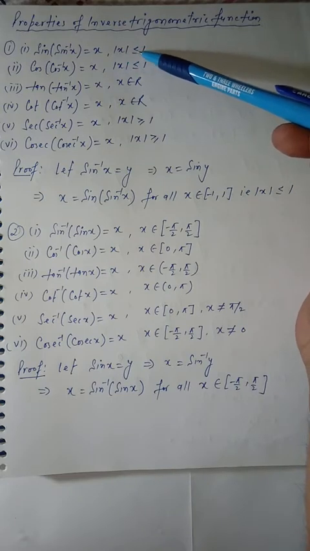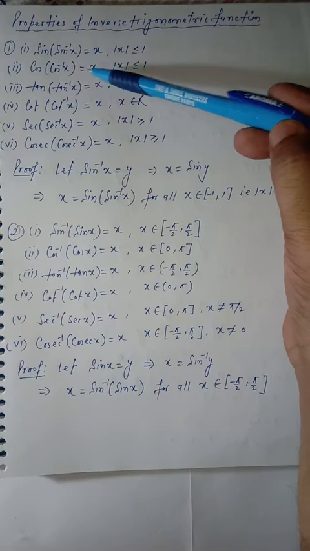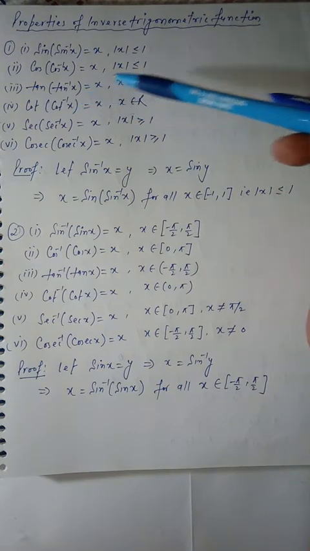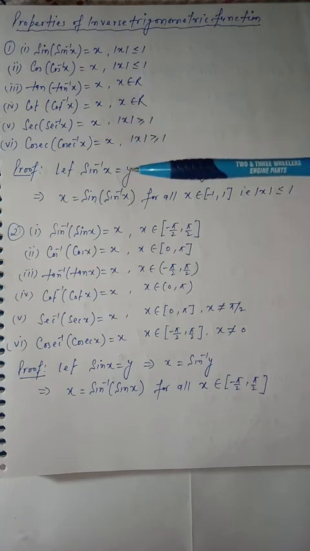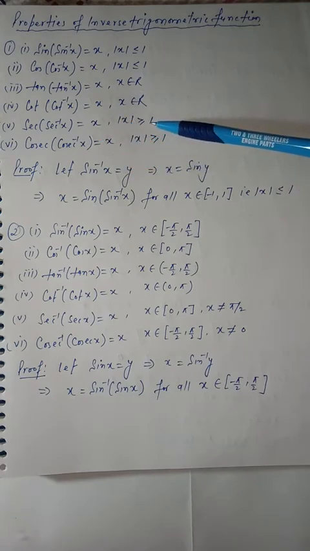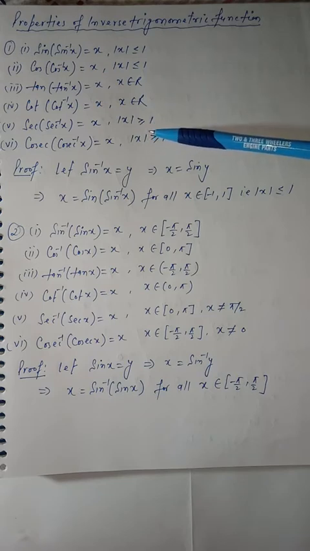It means x will be from -1 to 1. The domain of tan inverse and cot inverse is all real numbers, whereas the domain of sec inverse and cosec inverse will be from 1 to infinity union -1 to minus infinity. I think we have already discussed this.